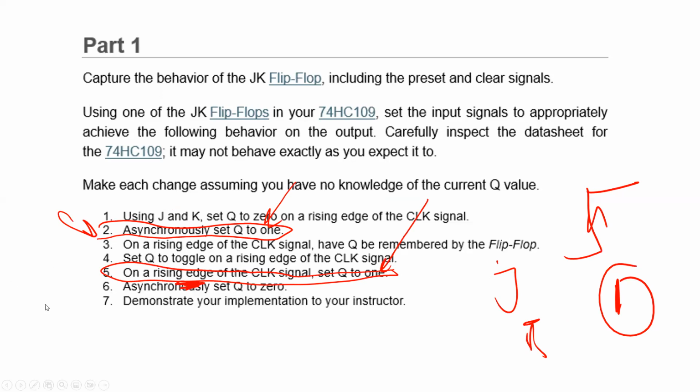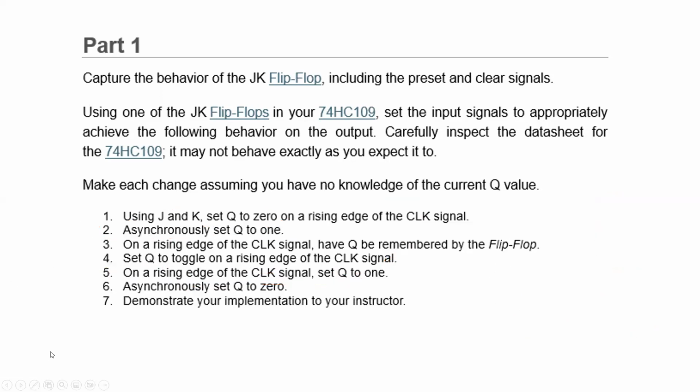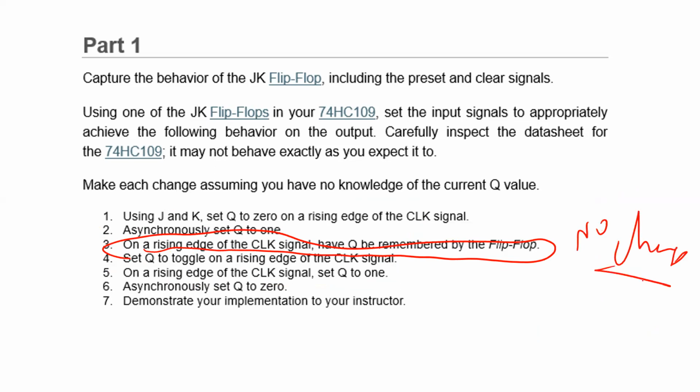Okay. So let's see the other thing here. Same thing here. I want, on the rising edge, to remember the same value, meaning no change. So you have to make no change here. You need to see what input values are going to make no change. Okay.